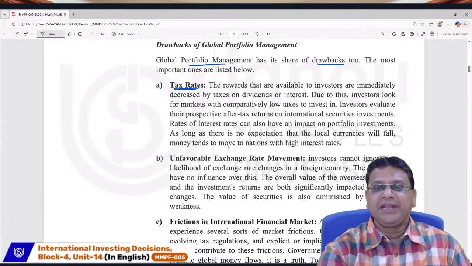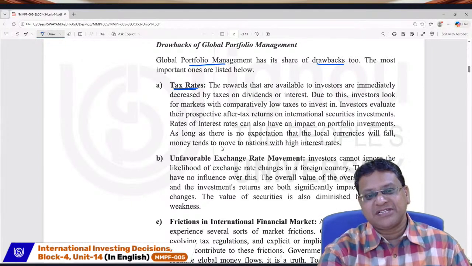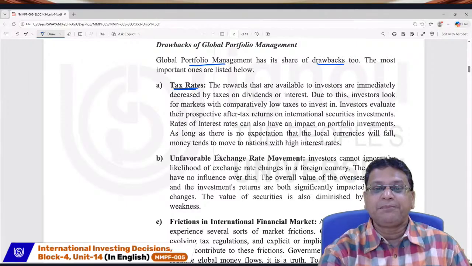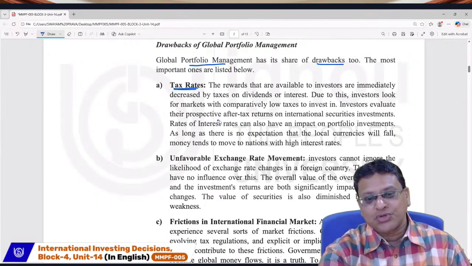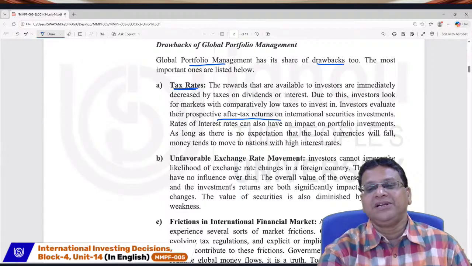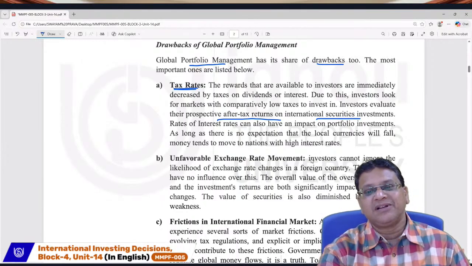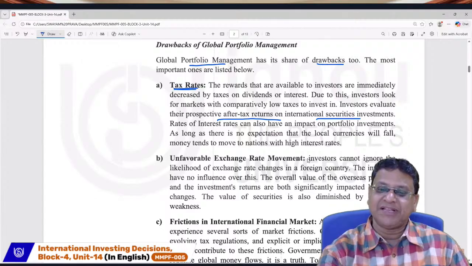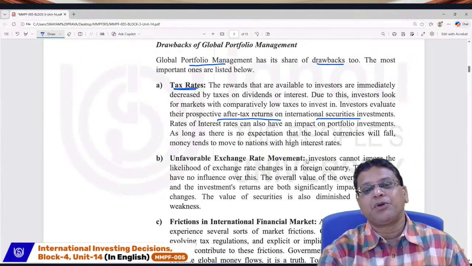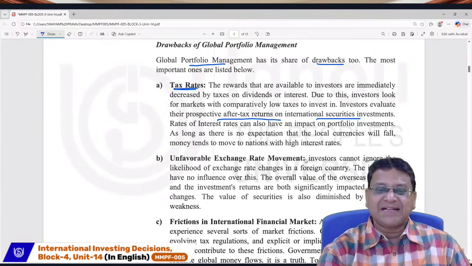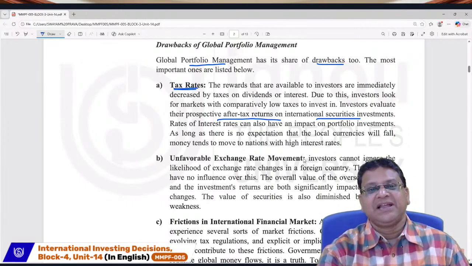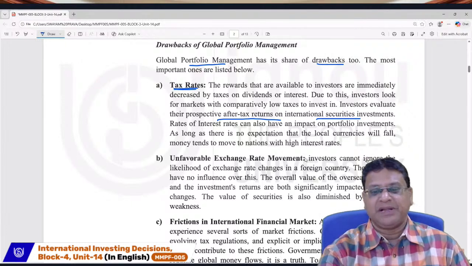So whenever you consider investing in a foreign market, you have to consider the post-tax return on international securities. Only if the post-tax return on international securities is greater than the domestic post-tax return can you consider the foreign investment to be profitable. So tax rates affect international portfolio investment.